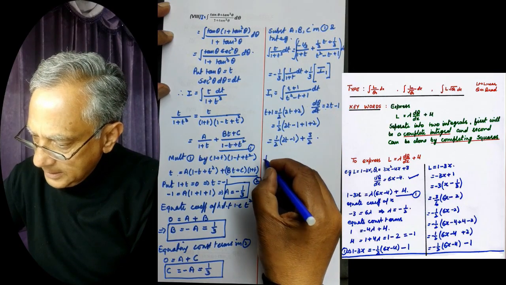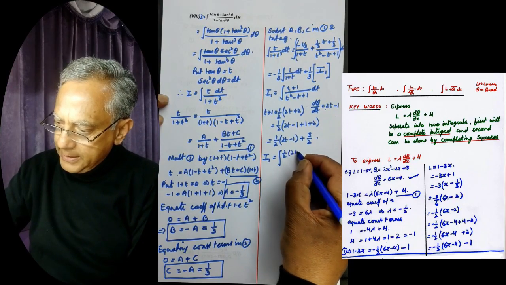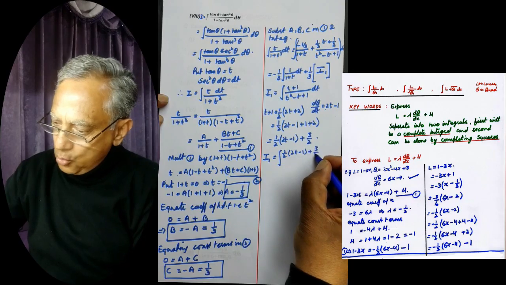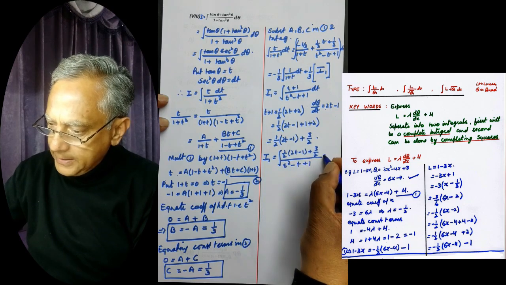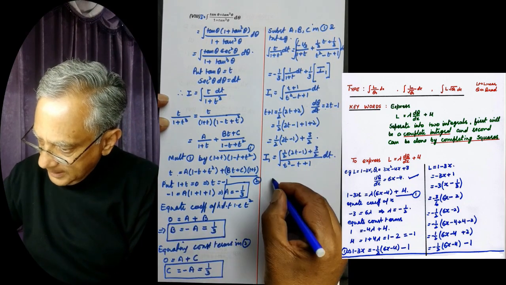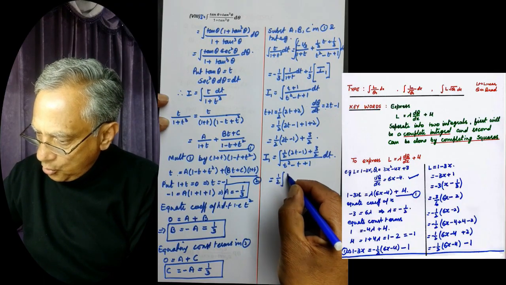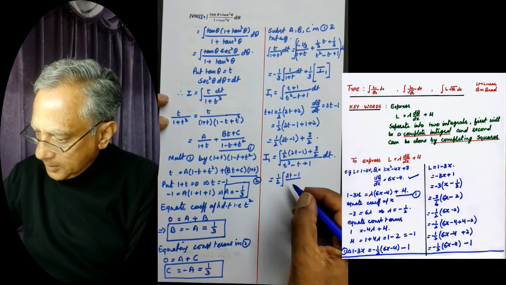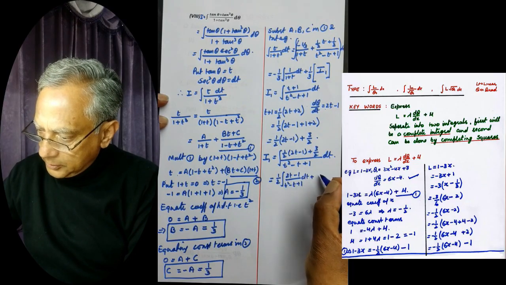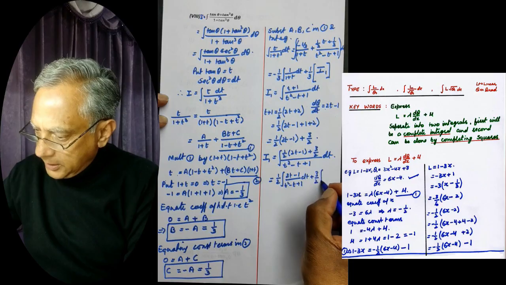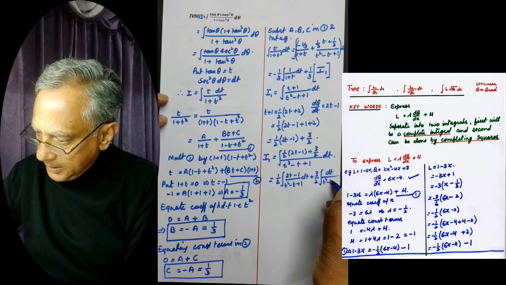So I1 is equal to integral of half 2t minus 1 plus 3 by 2 whole divided by t square minus t plus 1 dt. And this is equal to 1 by 2 integral 2t minus 1 over t square minus t plus 1 dt plus 3 by 2 into integral of dt over t square minus t plus 1.